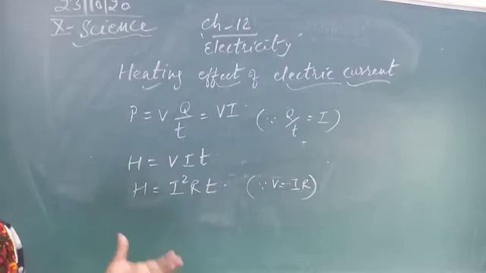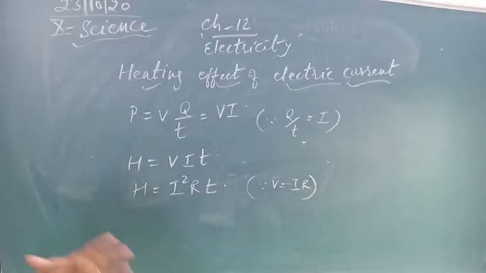Now you have seen, when a bulb is continuously glowing, after a long time the bulb also becomes hot. So some part of the electrical energy is converted into heat energy. This effect is utilized in devices such as electric heater, electric iron, oven, etc.